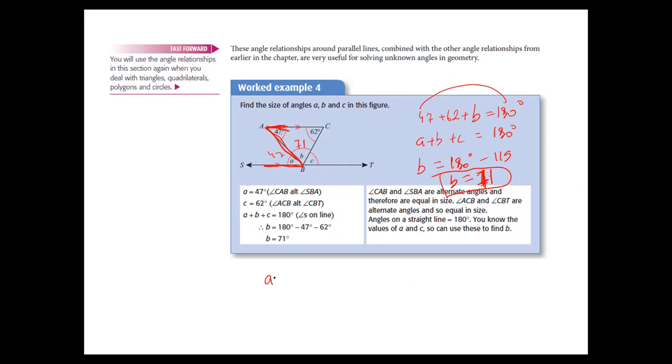So A is also 47. And what about C? Also we have the letter Z, normal Z, with 62. C is equal to 62. So A is equal to 47, B is equal to 71 and C is equal to 62.